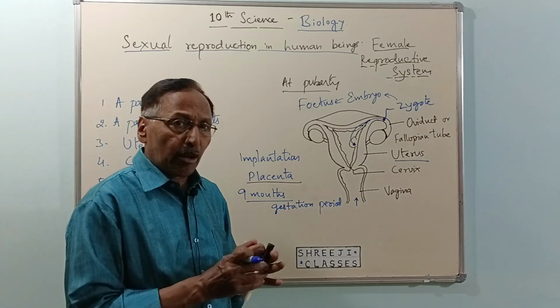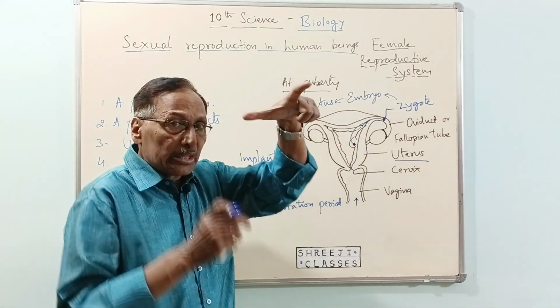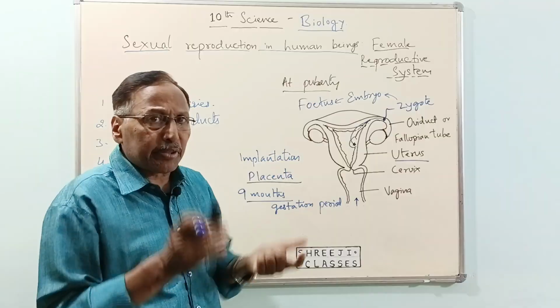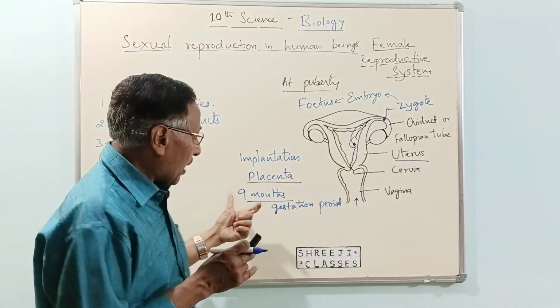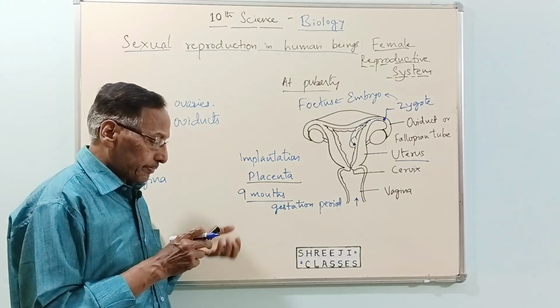So this period of development of the embryo into a fully developed child is called the gestation period, which is approximately 9 months.